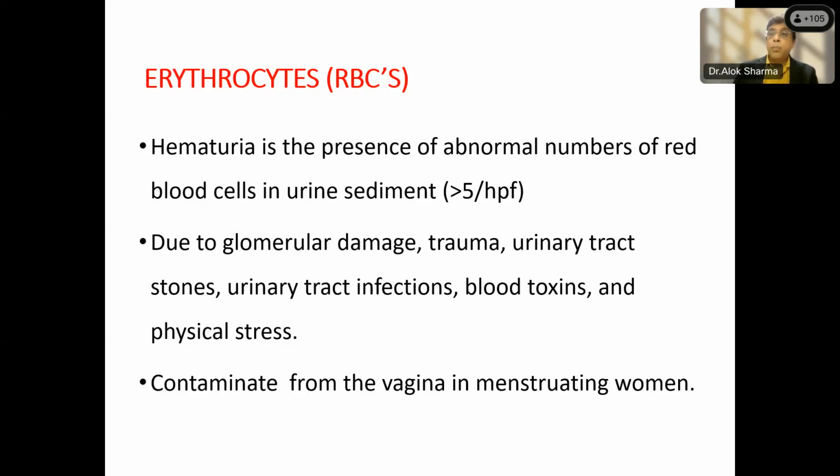It is very important to remember that RBCs in urine can be glomerular in origin, arising from a glomerular pathology, but they can also arise from trauma, stones, UTIs, even some toxins which can induce escape of RBCs into urine, and even physical stress in some patients. So it is important to identify and then figure out the clinical background and decipher why and how these RBCs are important in the urine.